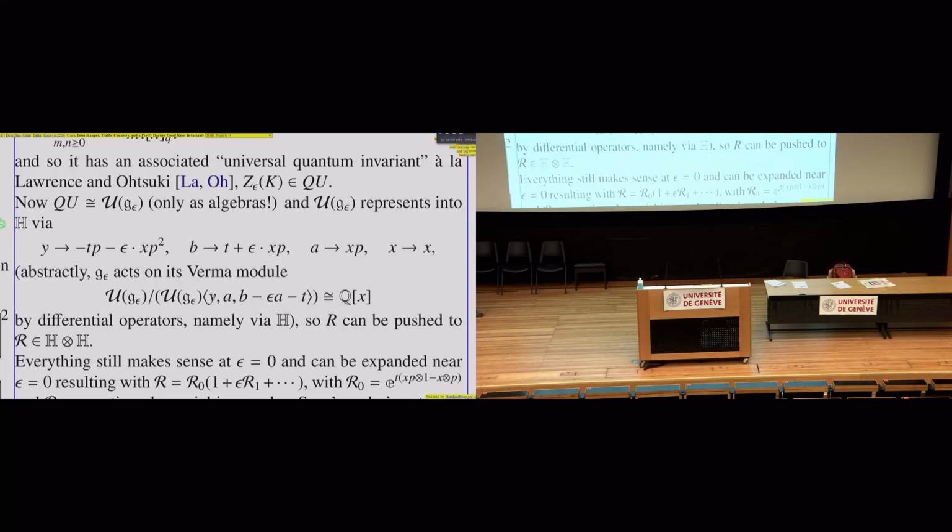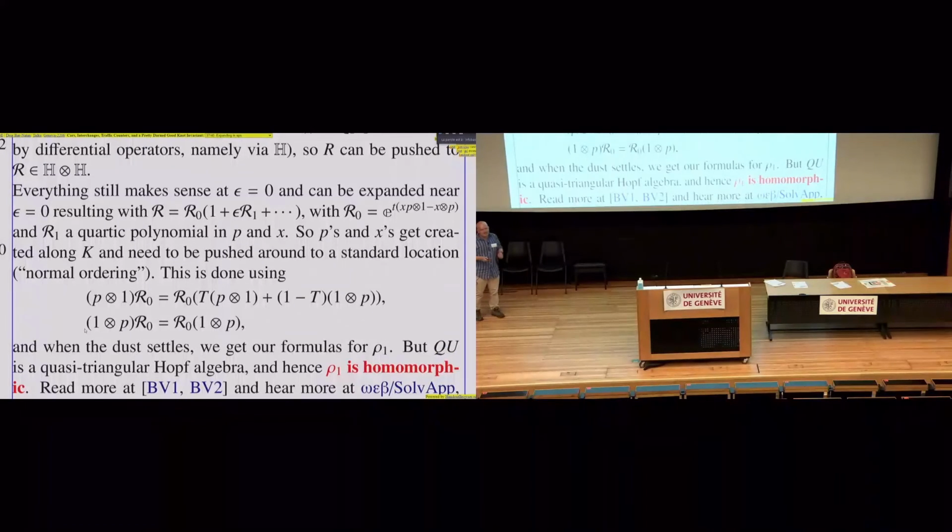And so you can push the R matrix to some calligraphic R matrix, which lies in the Heisenberg algebra tensor itself. And the fortunate thing is that everything still makes sense. So far we've done things related to SL2, but everything still makes sense when you set epsilon equal to 0.